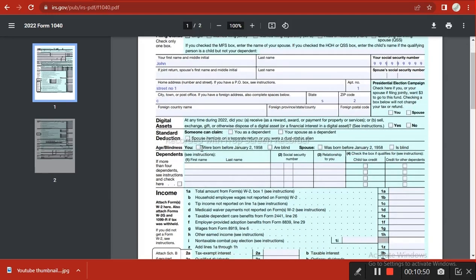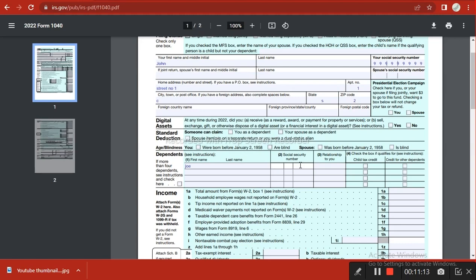So this is the place where you write dependents. If you have a child, you will write here, for example, Joe. Social security number of that qualified dependent, for which we have studied the criteria of who is a qualified dependent.